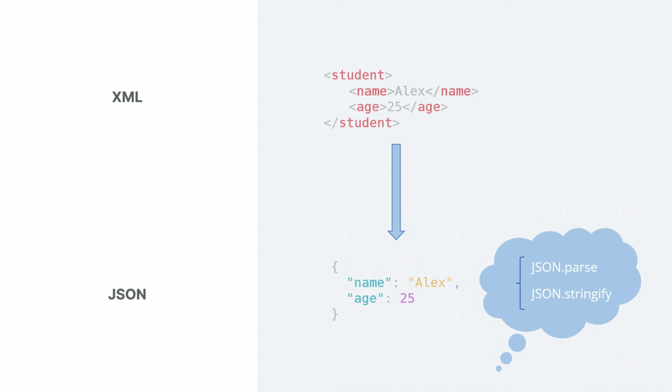These methods are commonly used to handle data exchange, such as parsing data from APIs or storing data in a structured format. Therefore, JSON is simpler and more convenient for both storage and conversion, which is why it became more commonly used.